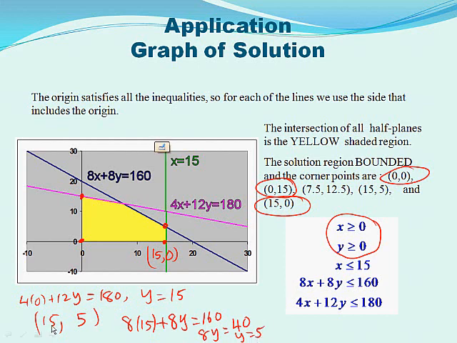That is how I get 15, 5. Finally, this corner point is the intersection of the two lines, 8x plus 8y equal to 160 and 4x plus 12y equal to 180. I can use the calculator to find the point of intersection, and we come up with 7.5 for the x value and 12.5 for the y value. So these are the 5 corner points.